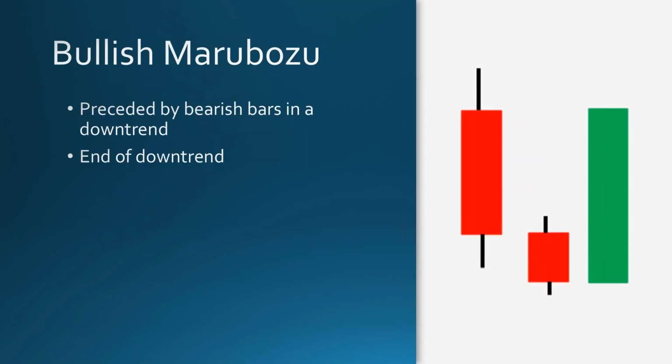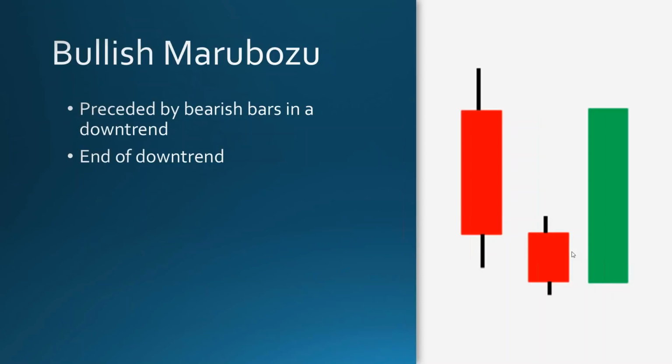Now, this one is considered one that will stop a trend, okay? In other words, you have been in a downtrend. The preceding bars will be bearish, okay?